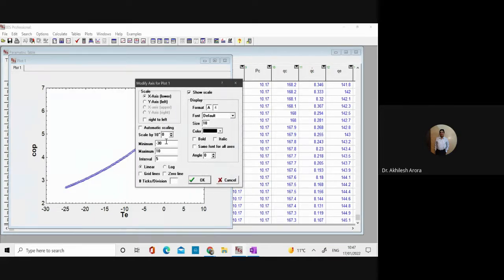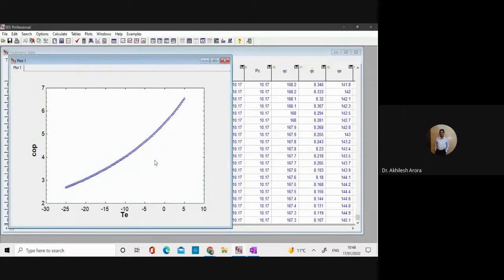So what should I do? Talking about x-axis, I want to reduce the ticks per division. That is not so important, we can take care of it later on. So let me say okay. So can you see the variation here now? Yes, sir. So in a similar manner, you can calculate so many things.